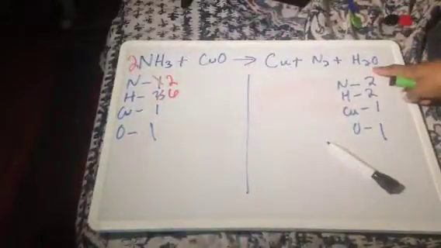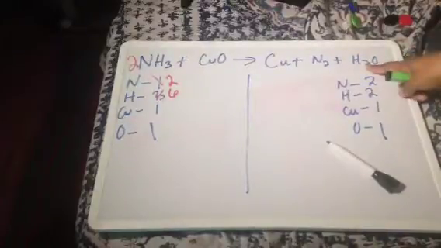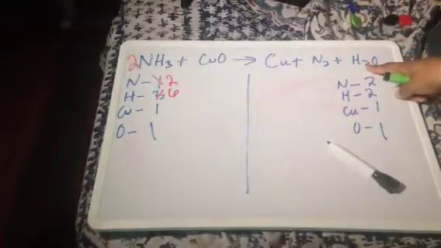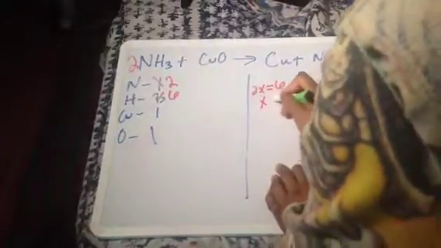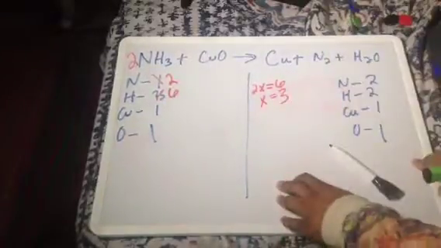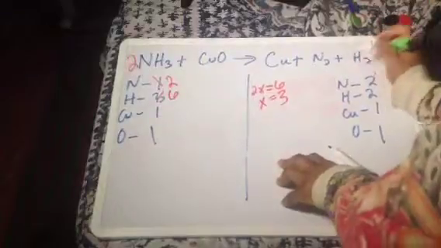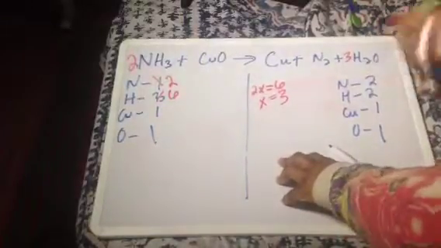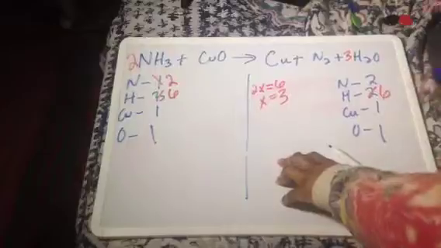So to get 6, so that this is balanced, what do we need to multiply this hydrogen by to get 6? Again, redundant, I know, but I'm going to have you do it. 2x is equal to 6. And so x is equal to 3, right? So we know that we need to add 3 here to get 6. So we'll change that to 6.